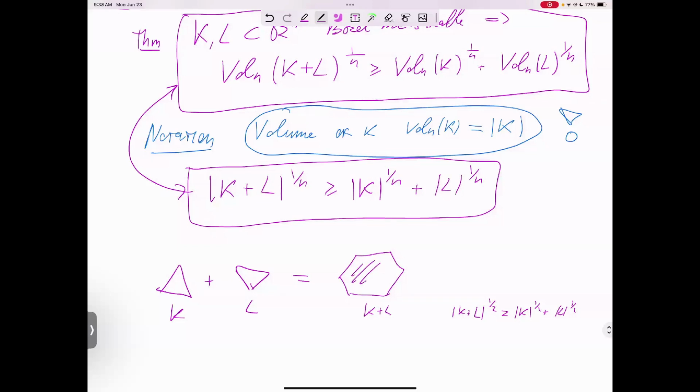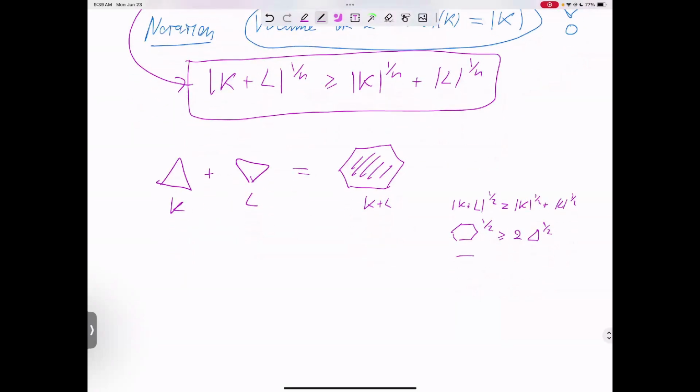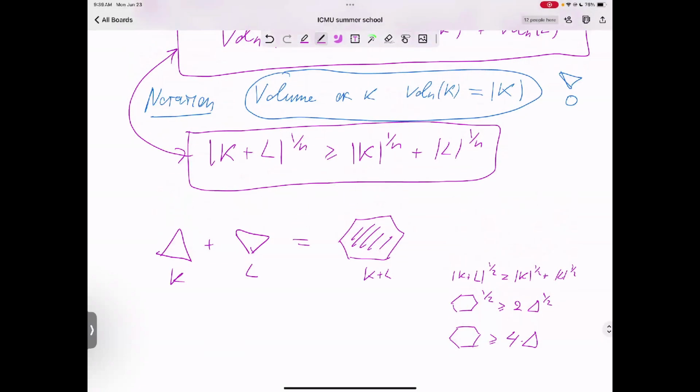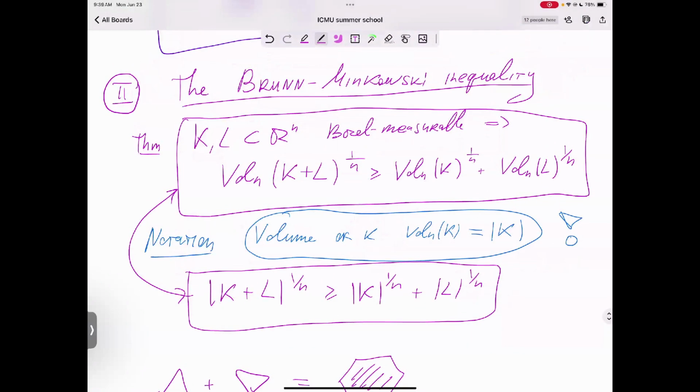So the volume of this hexagon to the power 1/2 is bigger than the volume of the triangle to the power 1/2 times 2. Or in other words, the volume of this hexagon is bigger than 4 times the volume of the triangle, which you can also verify in some toy way, if you like. I'm just explaining it as an example. So this is the Brunn-Minkowski inequality. Are there any questions?